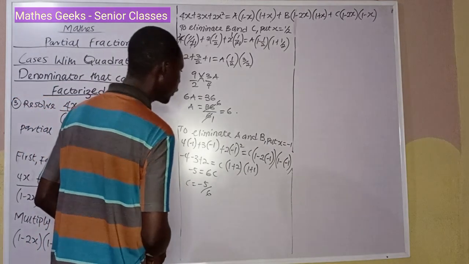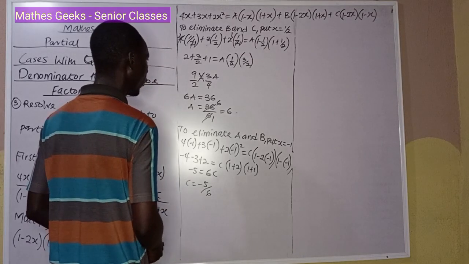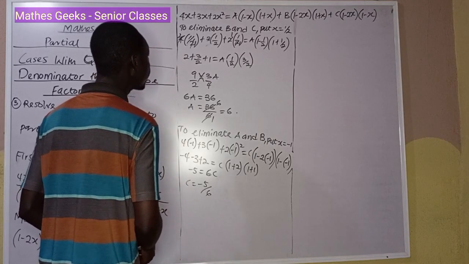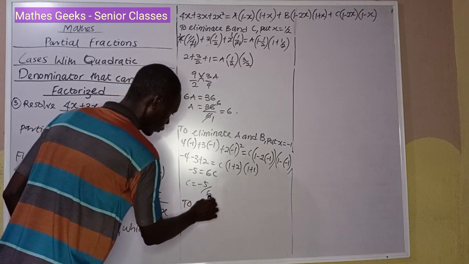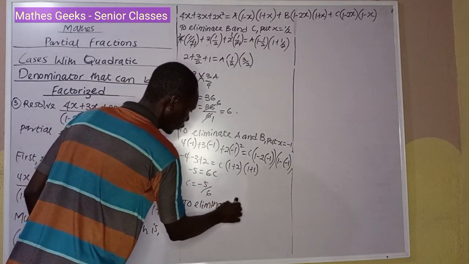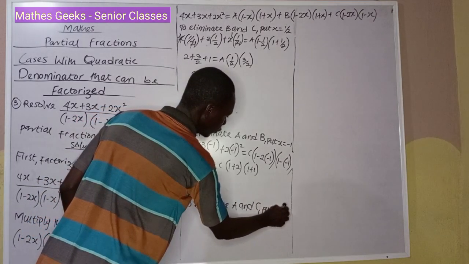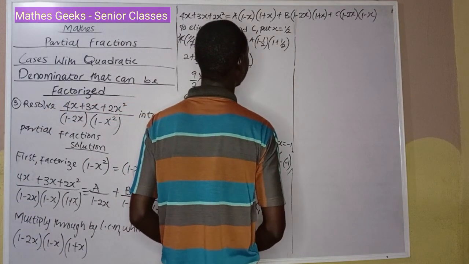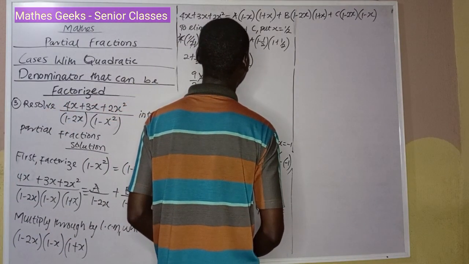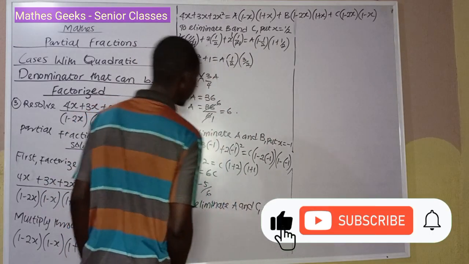Next is to eliminate A and C, so we can work for B. So what do A and C have in common? A and C have 1 minus x in common, so make x to be 1, put x equals to 1.